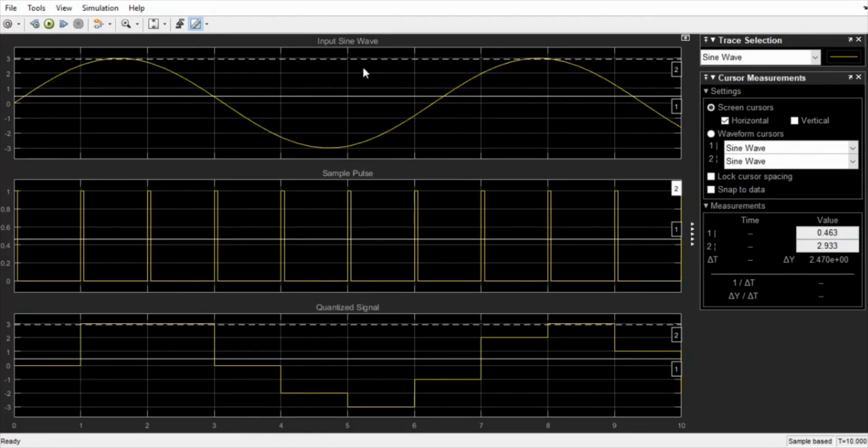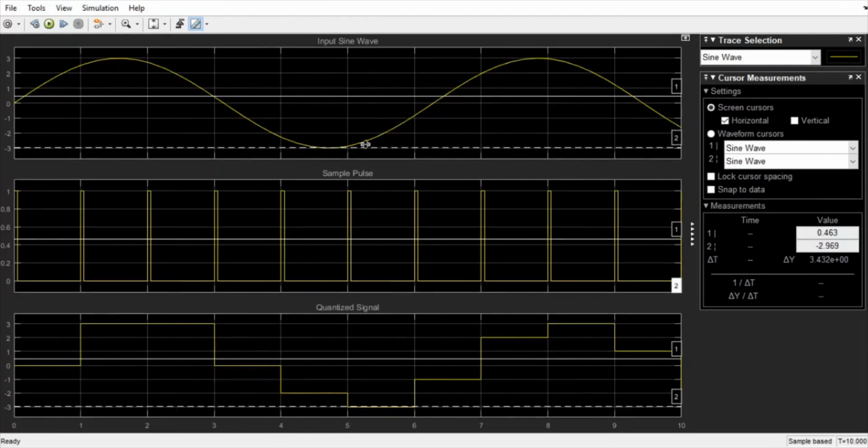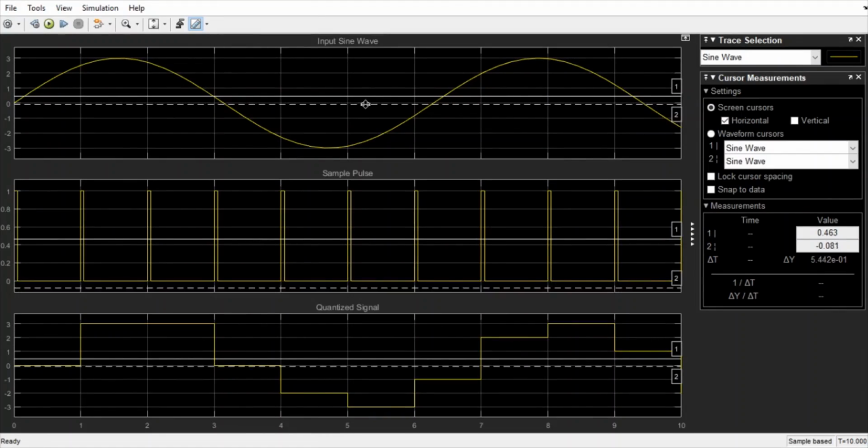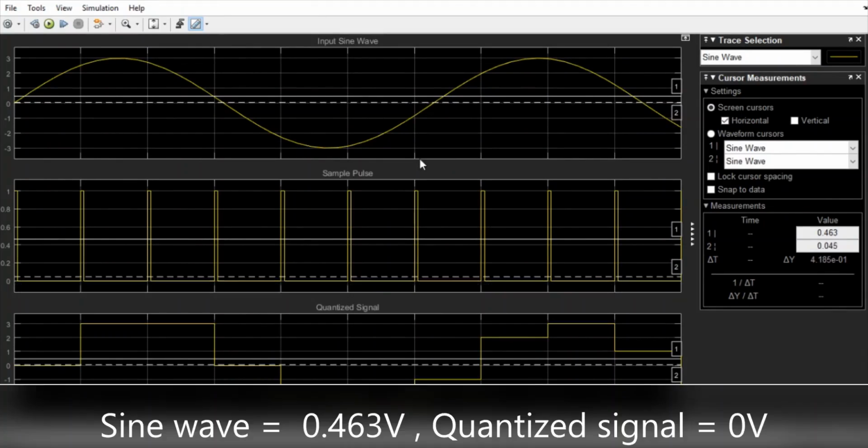Then for the quantized signal, we move the second cursor to where the fourth pulse occurs. You can see that at the fourth pulse, the quantized signal is approximately equal to 0.